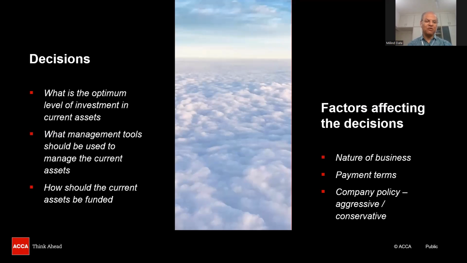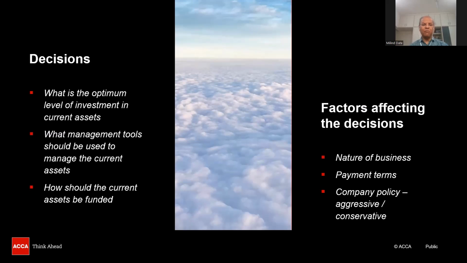Investment policy refers to the levels of current assets to be maintained, and financing policy refers to the levels of current liabilities that it should maintain. But the gap between the two needs to be funded from outside sources. And as I said, these policies could be either aggressive or conservative.